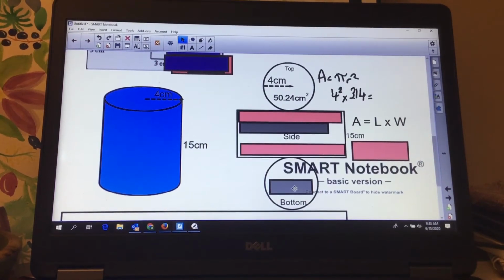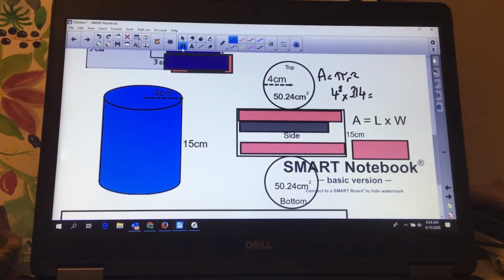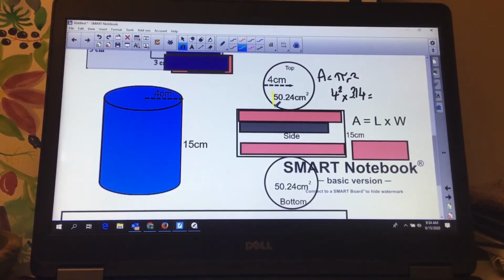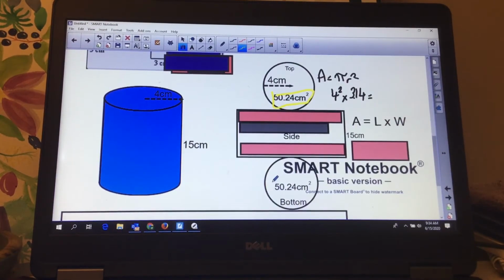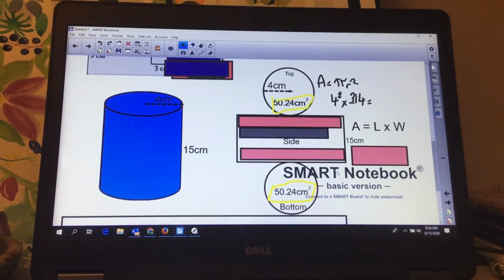My top and bottom are going to be identical. So I have 2 pieces of information already. Okay, I have my top, I have my bottom. It's done. This is the one confusing part.